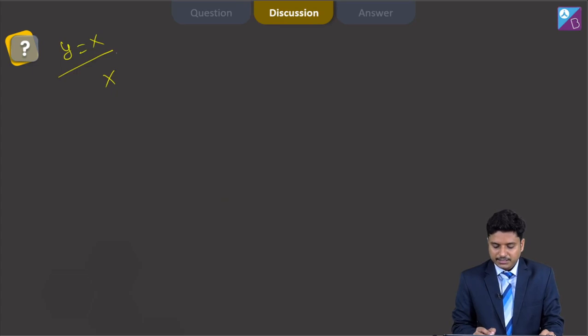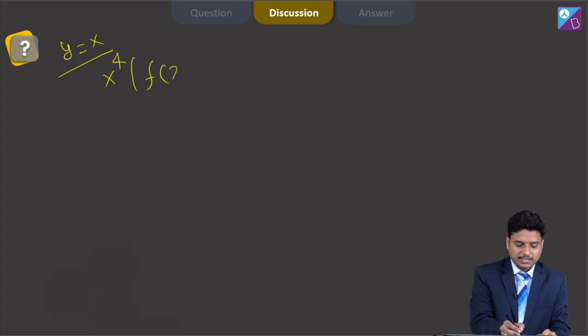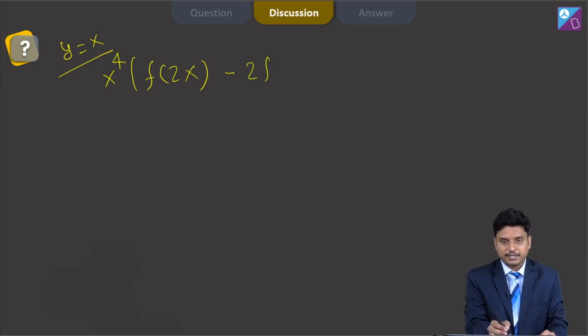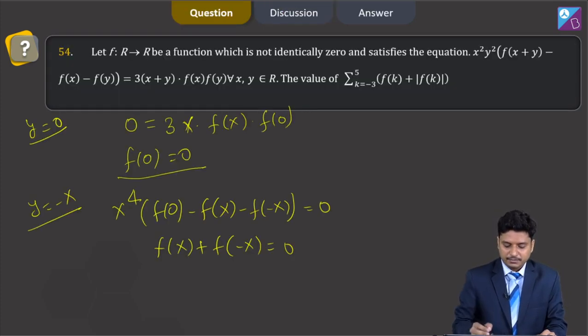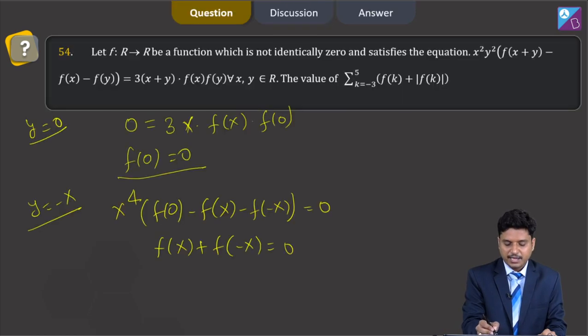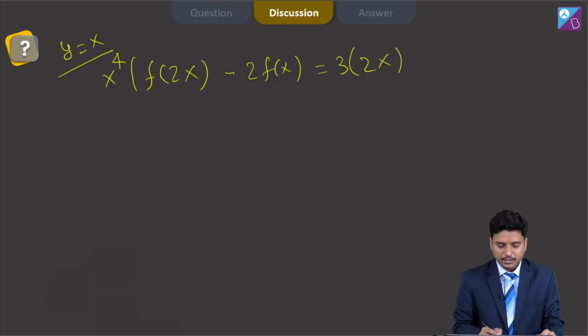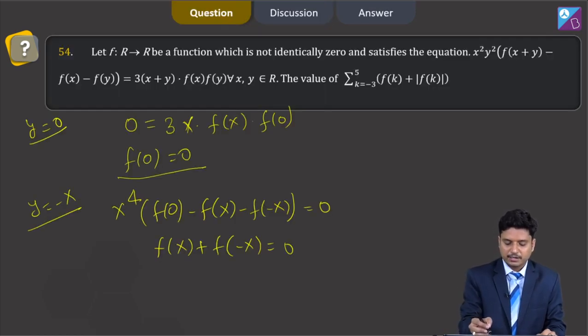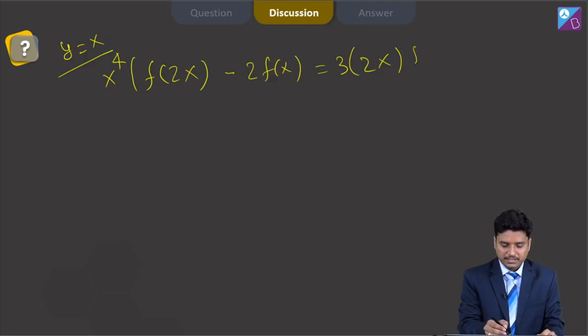We will get x square into x square, that is x raised to power 4, but in the bracket there will be one problematic term, that is f of 2x, minus 2 times f(x), equal to 3 times (x plus y), that is 2x into f(x) whole square, into this f(x) into f(x), that is f(x) whole square.